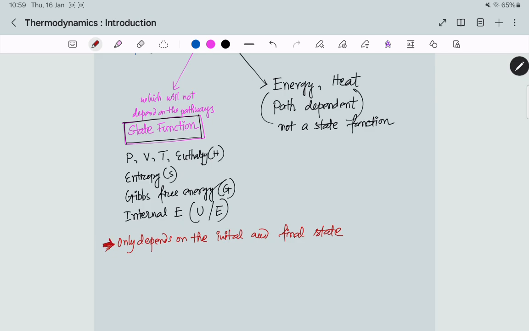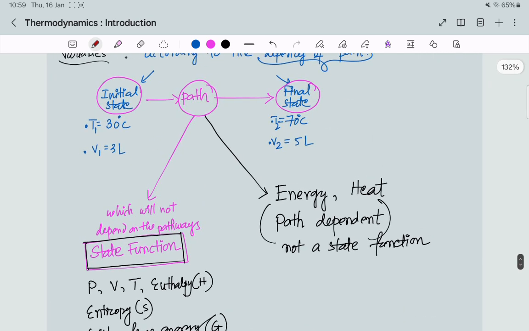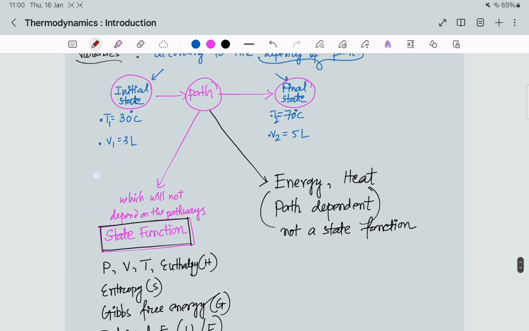For example, the expectation of your relatives or family members is that you will get a 90% above score. Their expectation is like a state function. Why? Because they will not understand in which pathways you are doing this transformation. For example, before the exam you got various illness and you can't give your exam properly, they will not care about that, right?